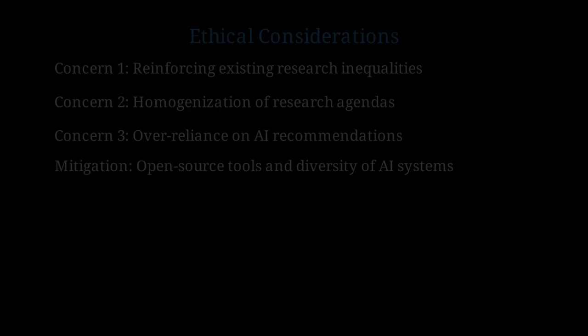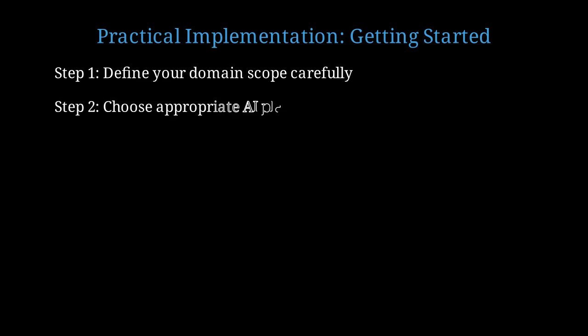For researchers interested in using these tools, let me provide practical guidance on getting started. Step 1. Define your domain scope carefully. Be specific about what subdiscipline you're analyzing to get meaningful results. Step 2. Choose an appropriate platform. Options range from commercial platforms like Semantic Scholar AI to open-source tools like ResearchRabbit.